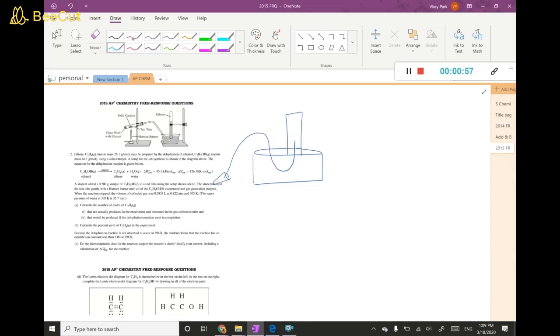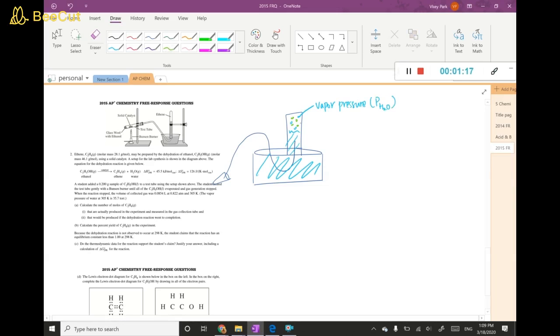So basically what this is, it's got water down here and we are collecting gas, so ethene gas would be up here, and then we also have water molecules that also come up. So this water molecule, this is vapor pressure, okay? And we are going to symbolize it as this.